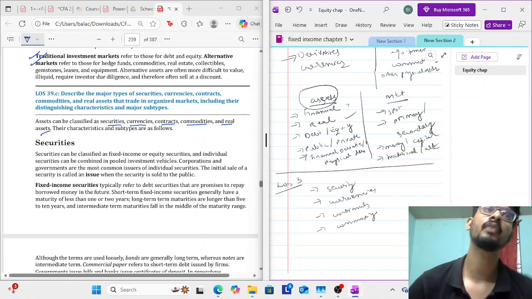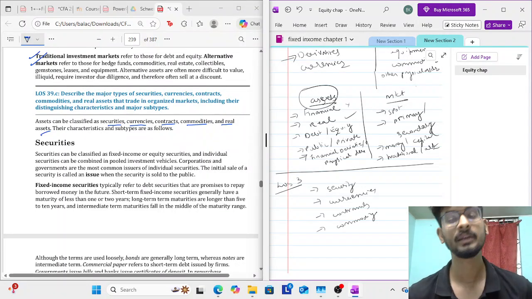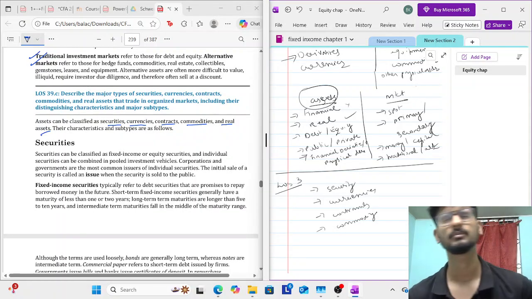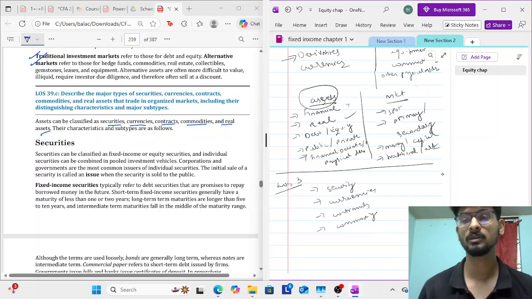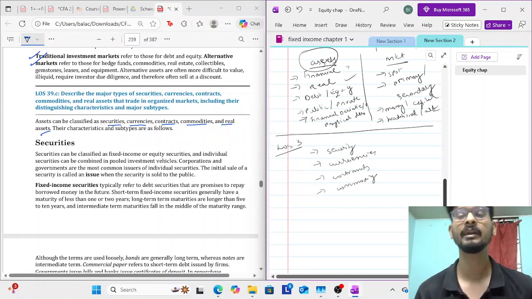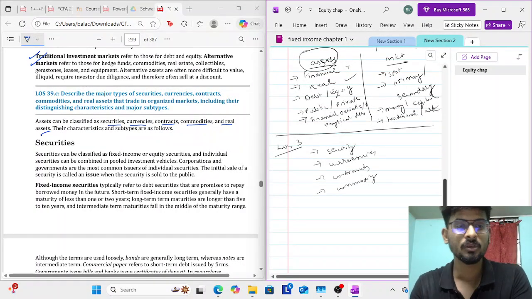He used to fight that Bitcoin was a commodity, it was not a security. Ethereum was a commodity, not a security. He fought a lot, but in the end, the verdict was opposite.